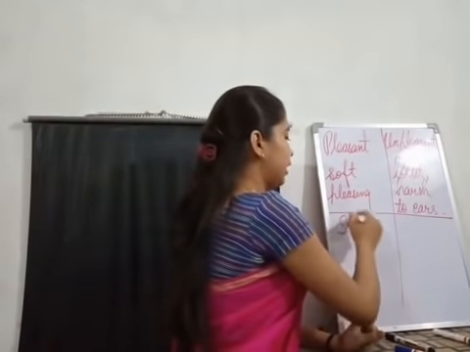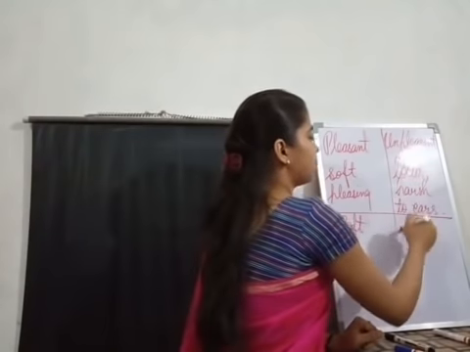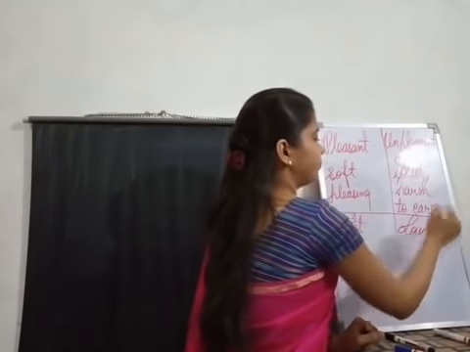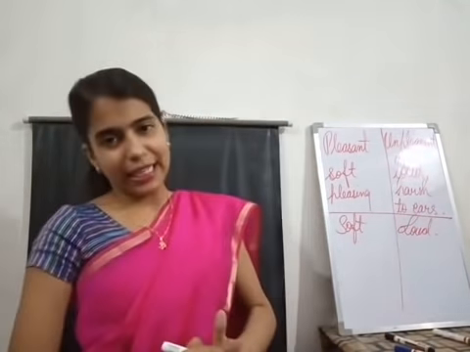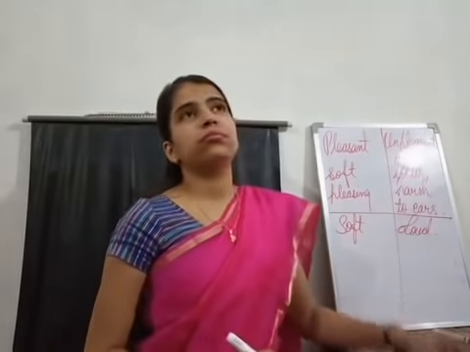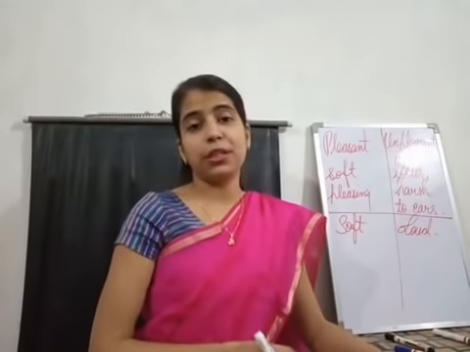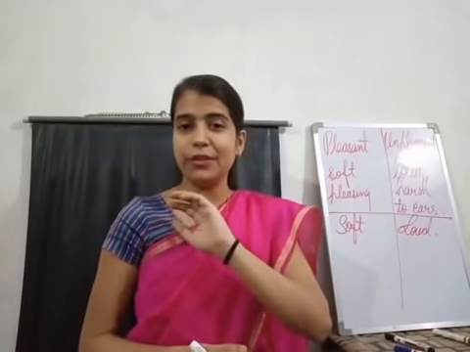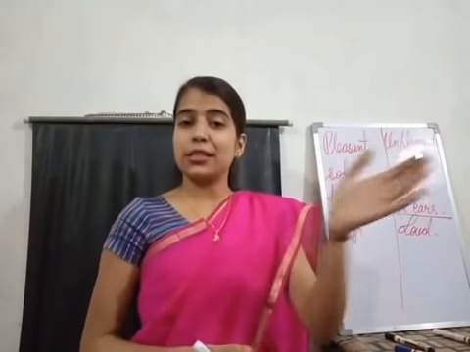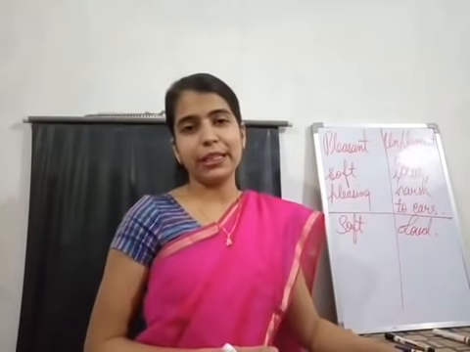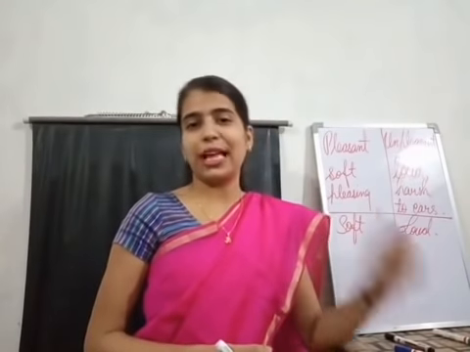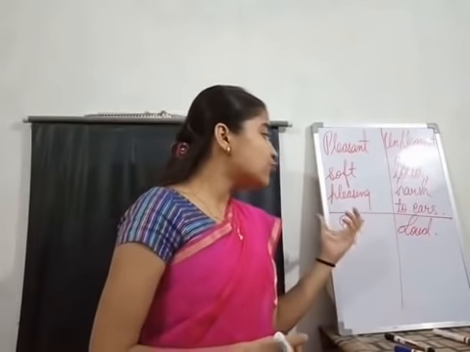Now, another is soft and loud sounds. Soft, like the soft chirping of the birds, or the rustling of the leaves when the wind blows, or very soft music that you hear. These are all soft sounds.